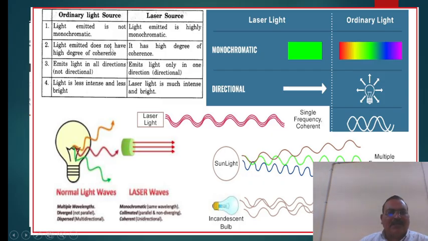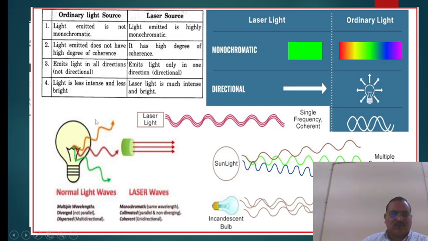Second one, light emitted does not have a high degree of coherence in an ordinary light source. But in a laser, when we are using the laser as a source, it has a high degree of coherence, a highly coherent beam. Number third point, an ordinary source emits light in all directions, that is multi-directional waves, which surround your ordinary light source like an electricity bulb.